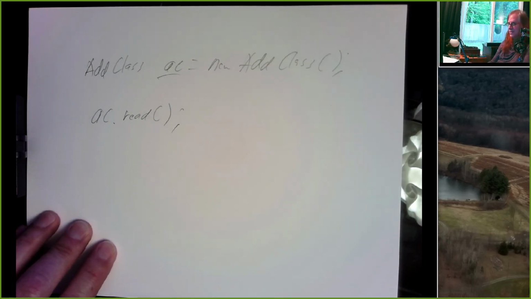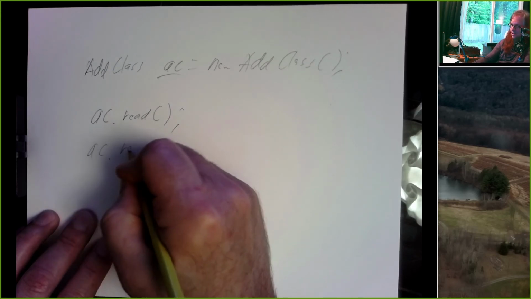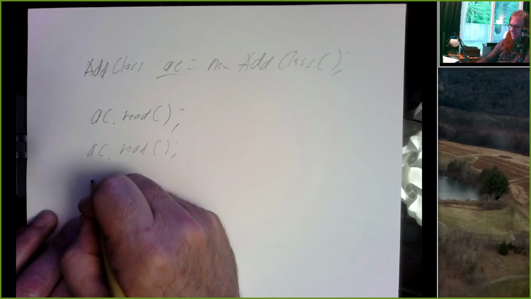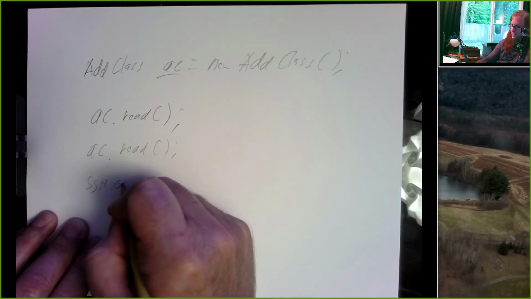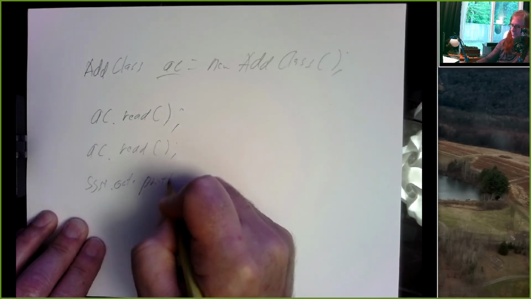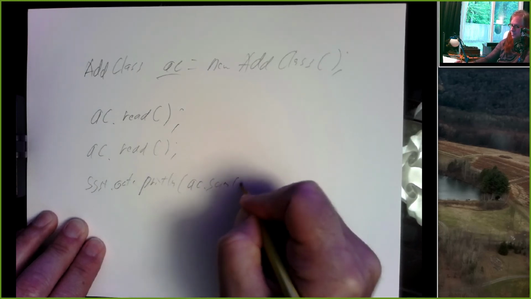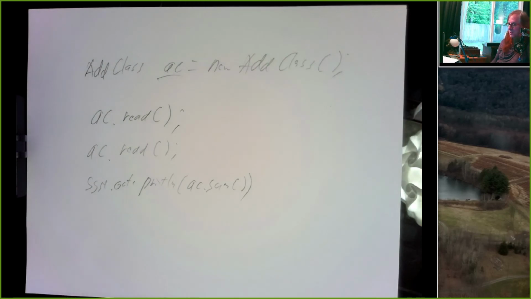And it'll take the thing I entered and it will add it to an internal running sum. And if I say AC.read again, it will ask me for a second integer. And then if I say system.out.println and I do AC.sum, that should print out the sum of the 2 numbers that I typed in.